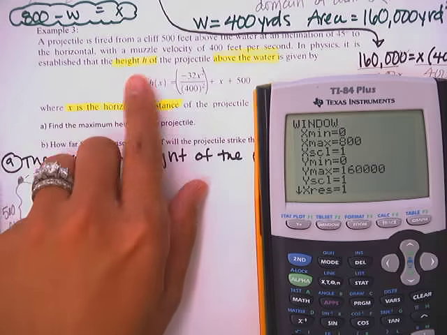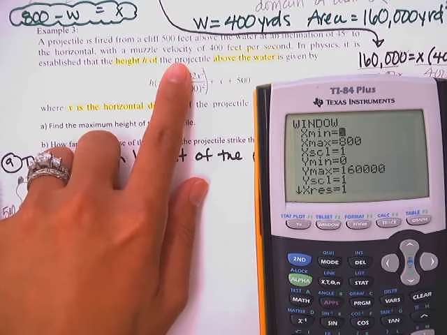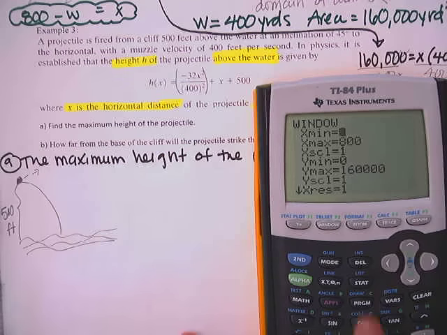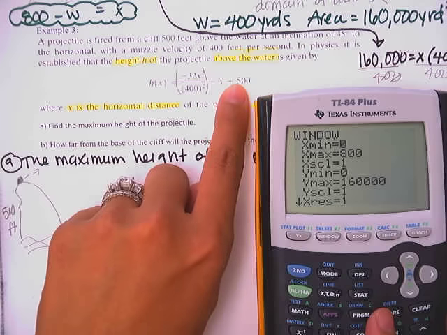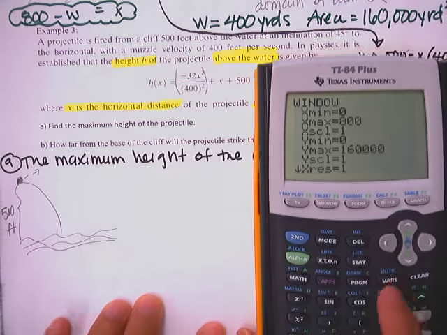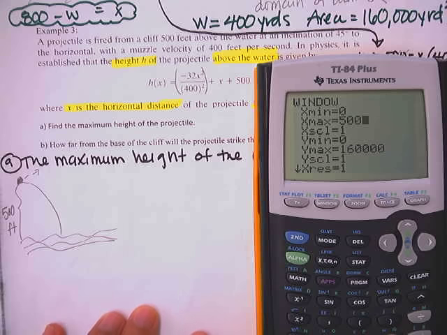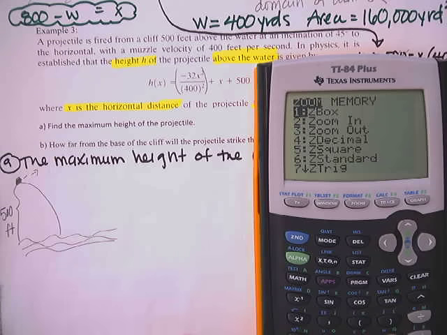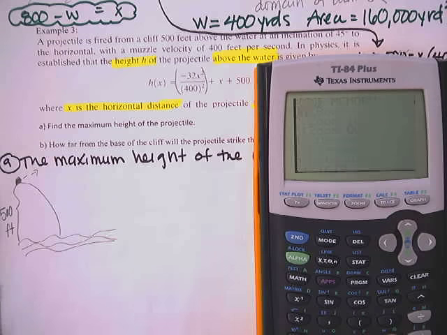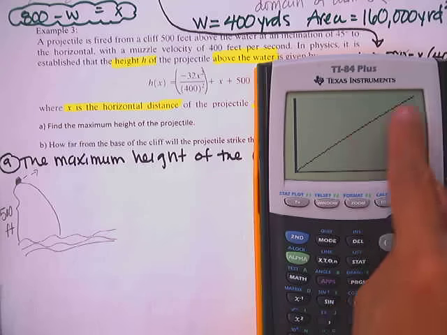If this is an object that was shooting up, let's try 500. What do you think? I'm going to try this number to see if that works. So zoom fit. So zoom and then 0. All right, so notice how it's kind of shooting up right there.